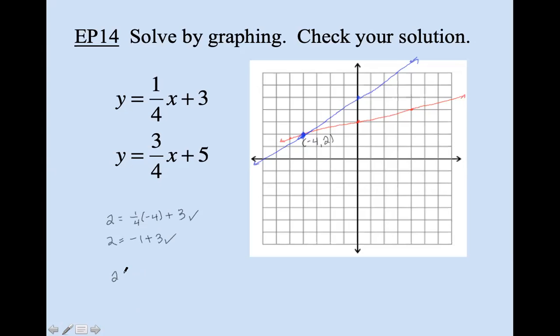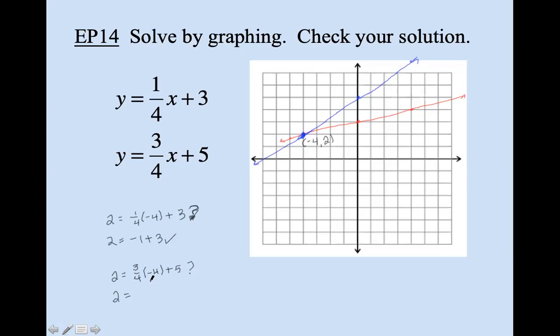Is 2 equal to, oh, there should be a question mark, by the way, not a check. I was checking that. All right, is 2 equal to 3/4 times negative 4 plus 5? All right, let's check that one. So 3/4 times negative 4. 3/4 of 4 is 3.